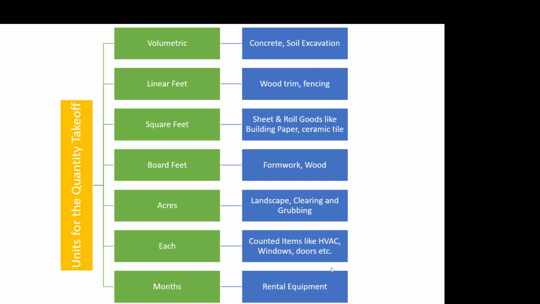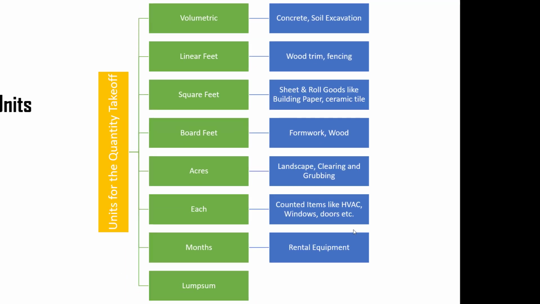So we have some measurements in terms of months, and some of the time our estimates might be lump sum, especially if we are giving our contract to subcontractors. To finish one activity, for example, all the plumbing works might be combined and called one lump sum item. So these are various types of measurements.